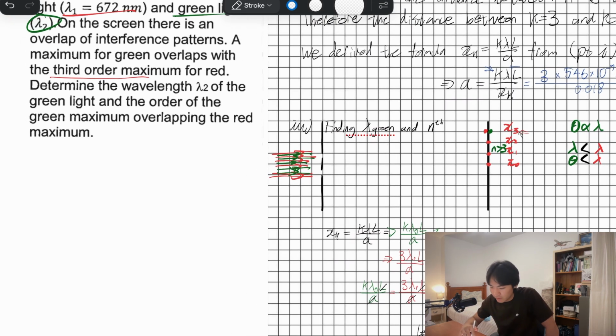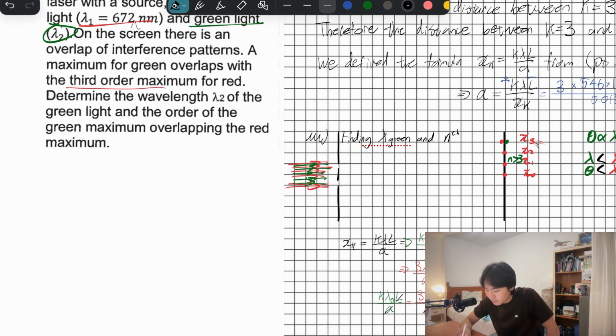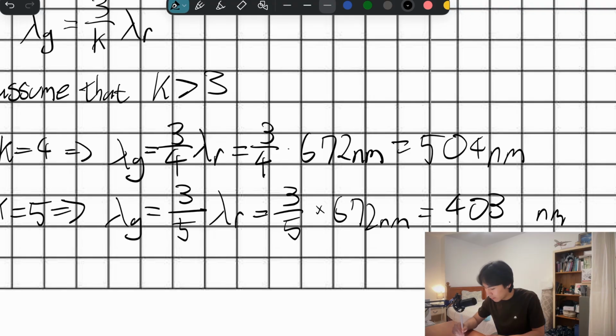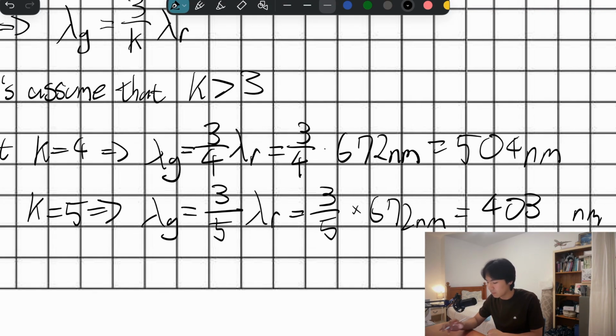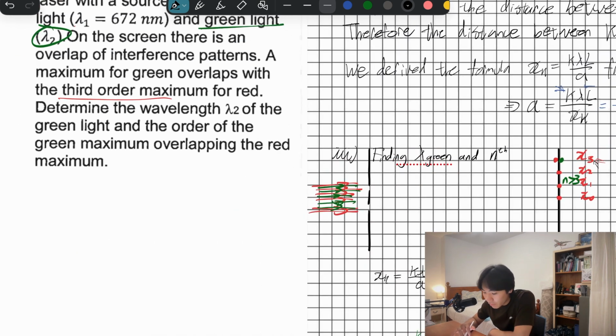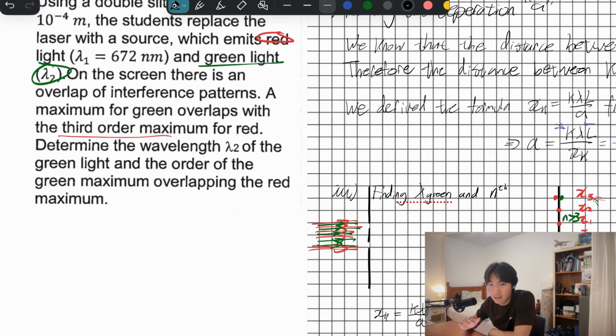Because the wavelength is given in three significant figures, we must answer in three significant figures. When k is equal to 5, we get 403 nanometers, and when k is equal to 4, that's 504 nanometers. However, we're given that it is a green light.